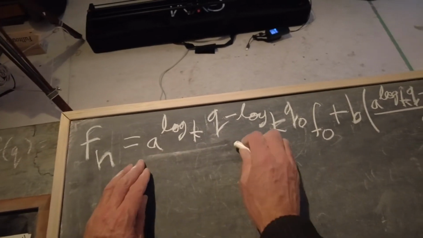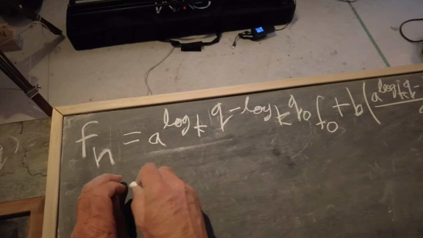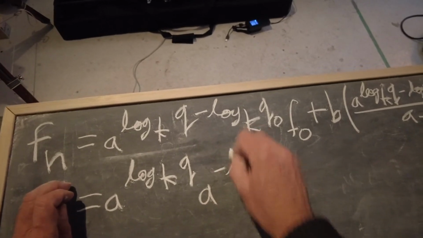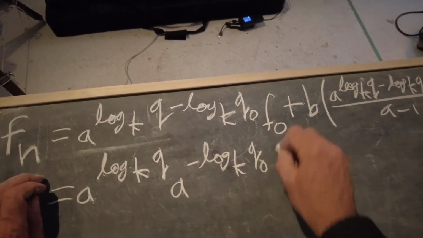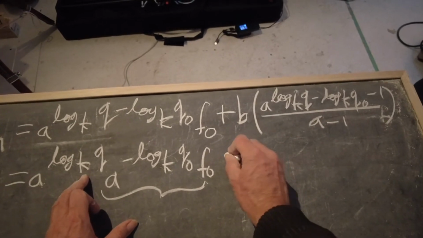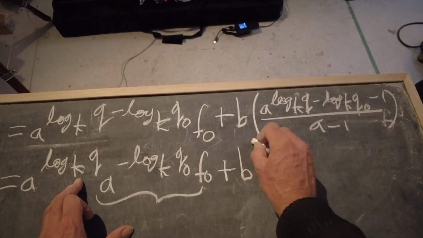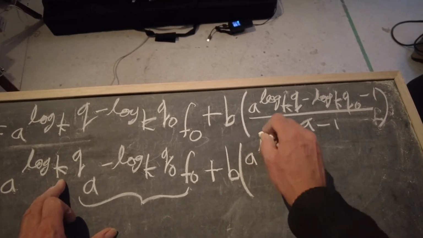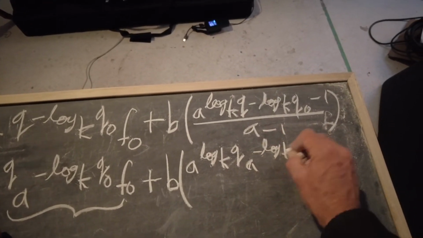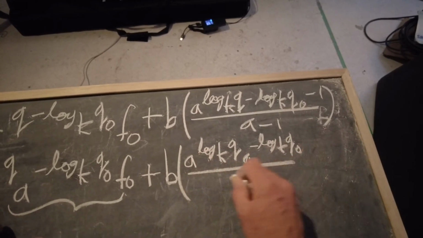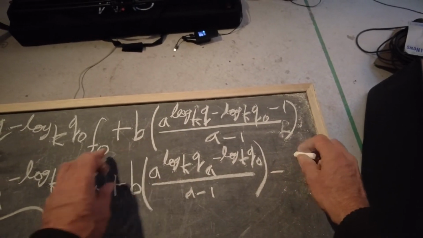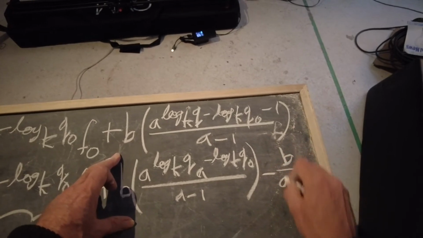So I can bring that out and say this is a to the log k q times a to the minus log k q0 f0, which is just a constant times a to the log k of q, plus b times a to the log k of q times a to the minus log k of q0 underneath a minus 1, and then I can multiply this out, and it's just minus b over a minus 1.